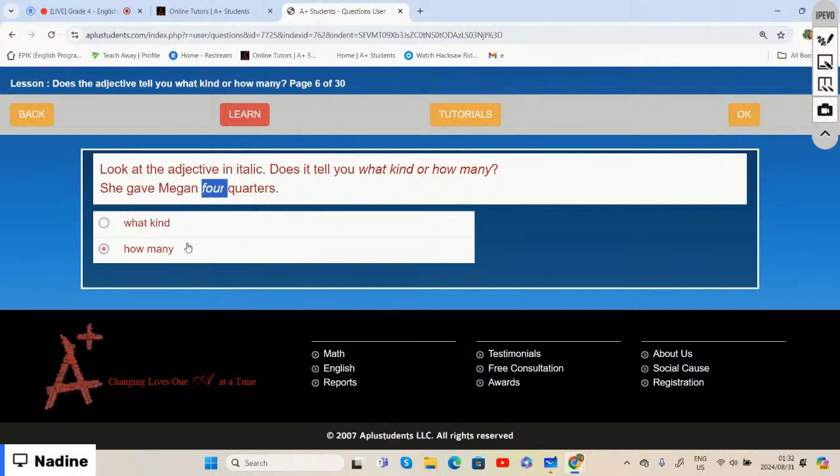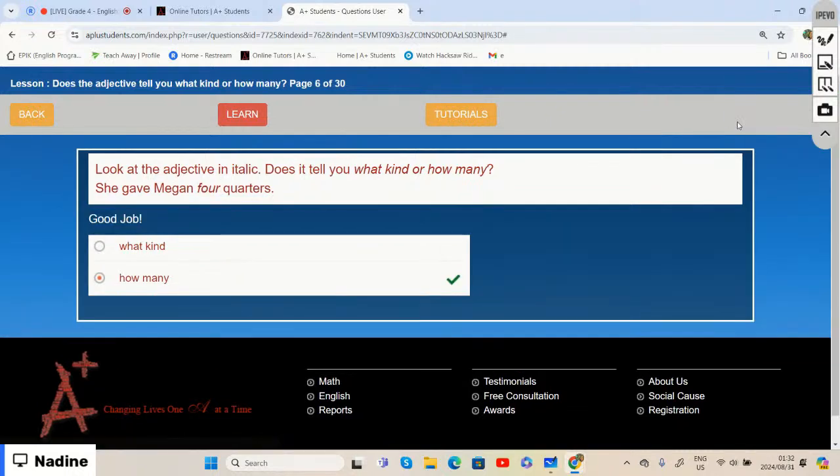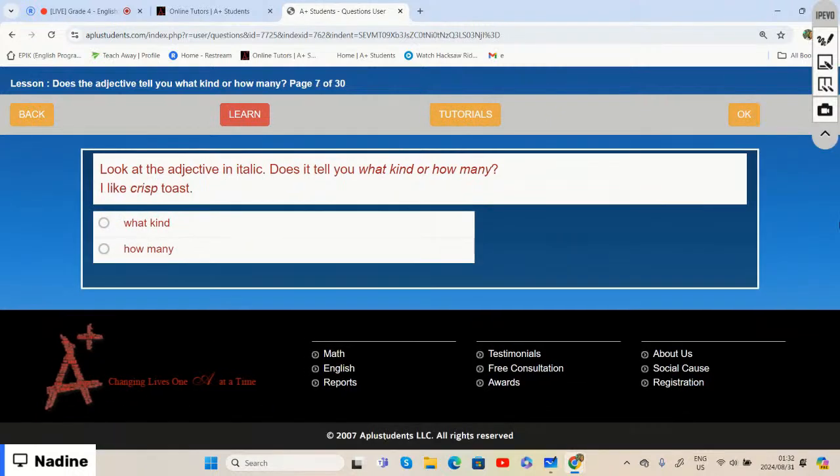So you need to ask yourself, how many quarters did she give Megan? The word in italics will almost answer itself, 4 quarters. So our answer would be how many. Well done. Yes, option 2 is correct.